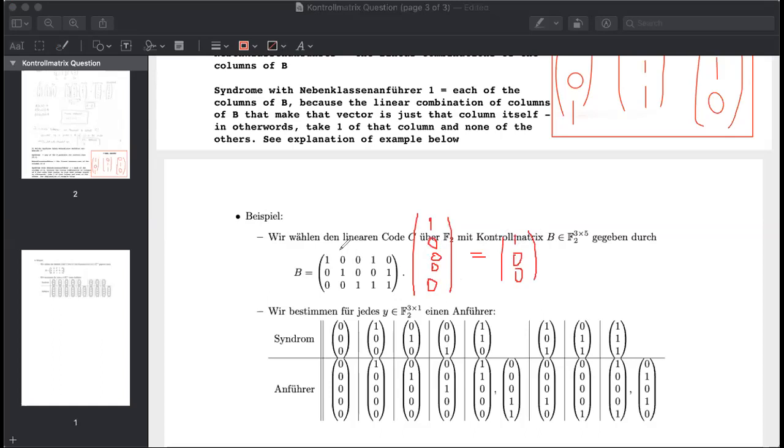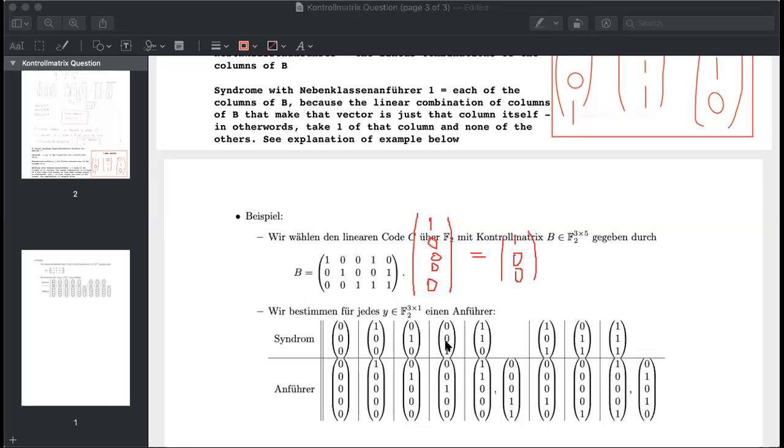So the Nebenklassenanführer that produces it is 1, 0, 0, 0, 0, 0. You see that in the table here. To produce this syndrome, it's just going to take 1 of the first column and none of the other ones. To produce this syndrome, it's going to take 1 of the second column, because it's already there, and none of the other guys. So that was easy.